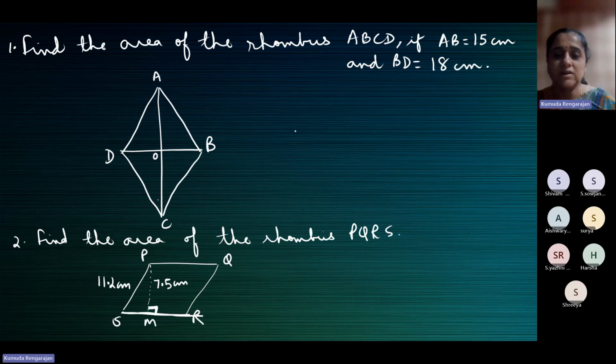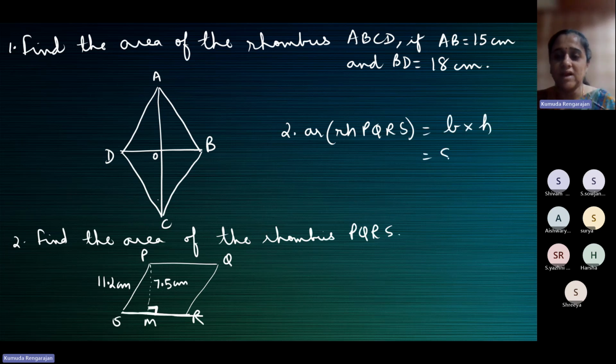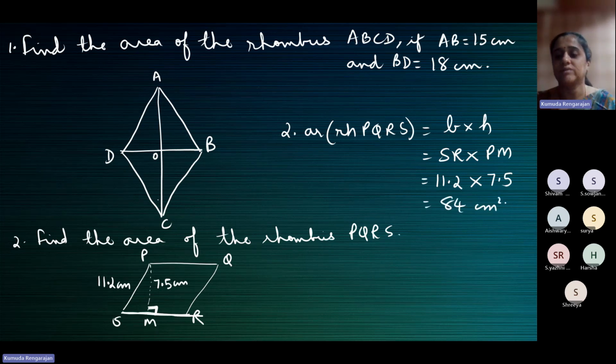So in the second one, area of rhombus PQRS is equal to base into height, base is SR, and the corresponding altitude is PM. SR is 11.2 because PS is 11.2, all the sides are equal, into PM, which is 7.5, and the product is 84 centimeters square.